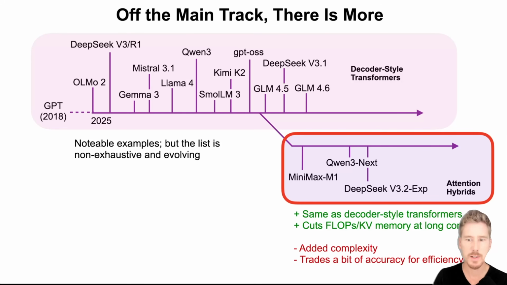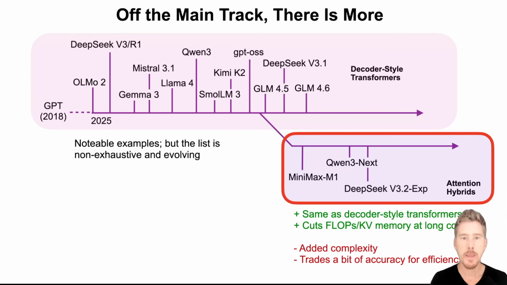DeepSeek version 3.2 has a sparse attention mechanism, making things even more efficient compared to the tricks we have just seen. But again, they add more complexity, and there's a trade-off in terms of accuracy and modeling performance. If you cut corners with alternative implementations like gated delta net and sparse attention, you may get a modeling performance hit in terms of how accurate the model is.